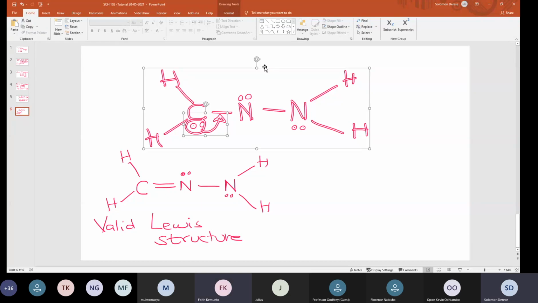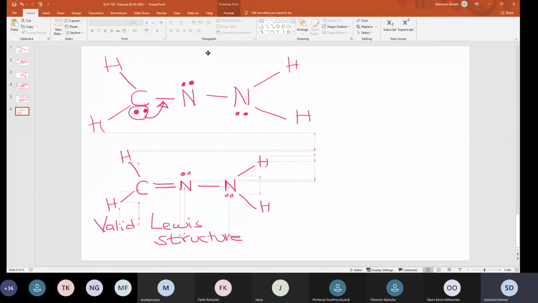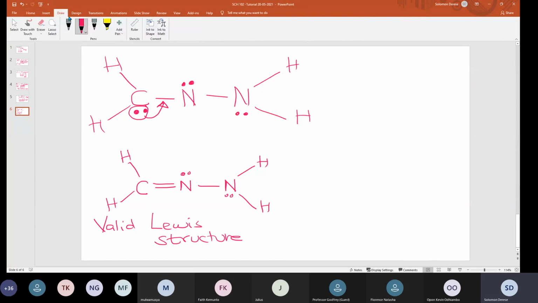You are saying, instead, why can't we use these electrons and form a double bond with this, isn't it? So let me use a different color so that we can follow these things. Suppose we use these electrons and form a double bond.